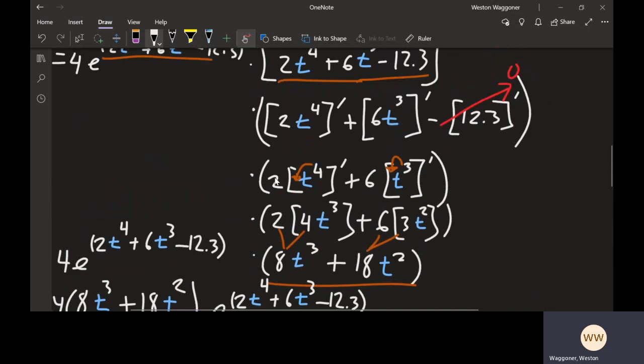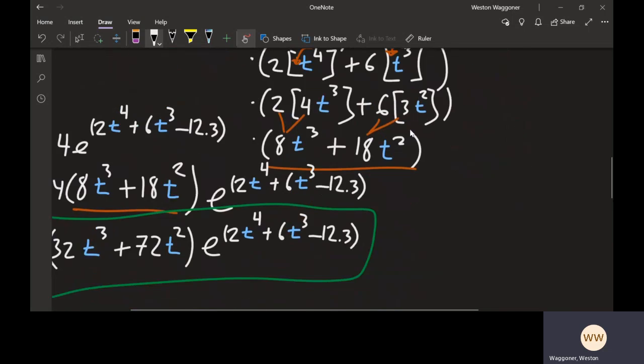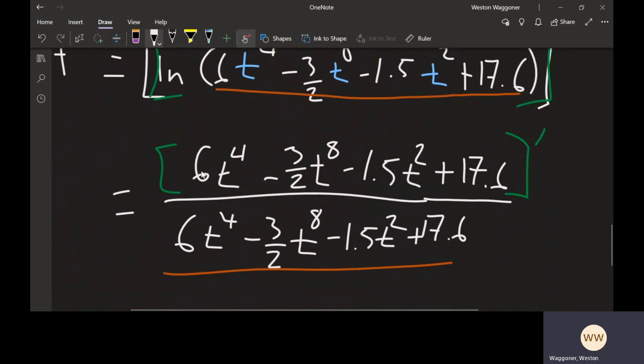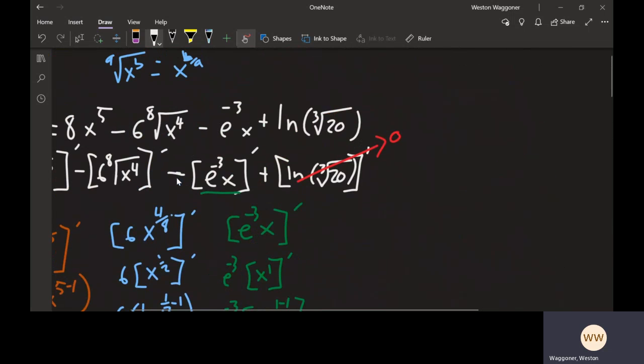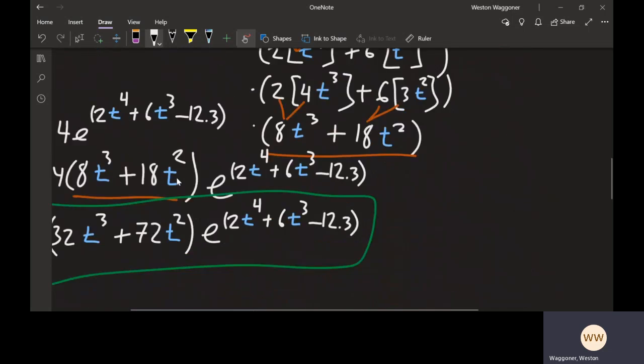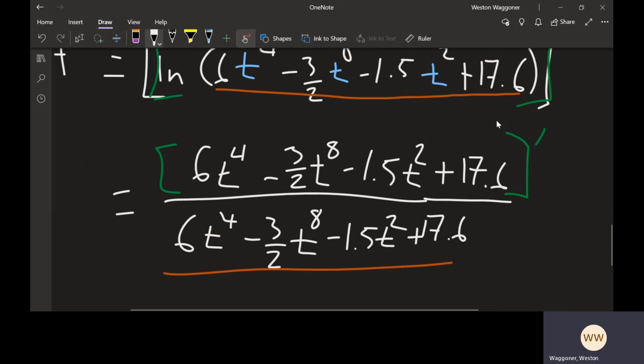I've shown in some of the other videos the distributing for sums and products, and the same thing is going on here, so I'm going to jump into what each of these derivatives are. Make sure to check out some of these other videos if you're struggling with those sum and difference rules for derivatives.